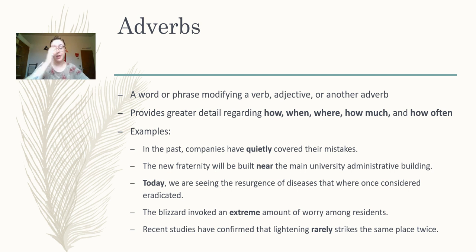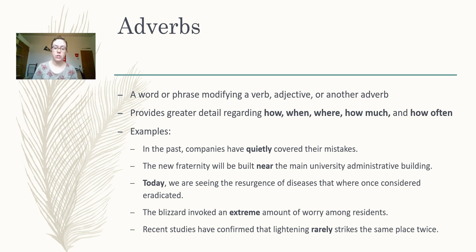So think about if you replaced it with far from the main university administrative building. So let's say, hey, this fraternity really isn't going to be much of a bother. It's not going to be super noisy. In fact, you can guarantee that because our new fraternity house will be built near the main university administrative building. So it's saying, hey, we're going to be close to where all of the big wigs are, so we're going to always be on our best behavior.